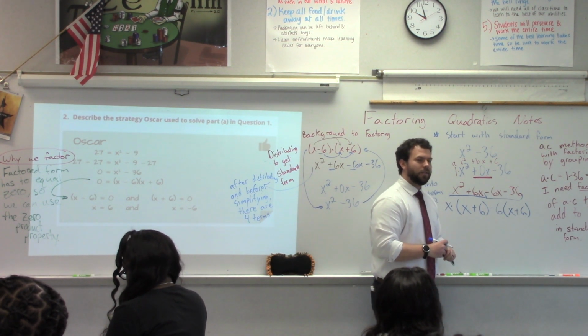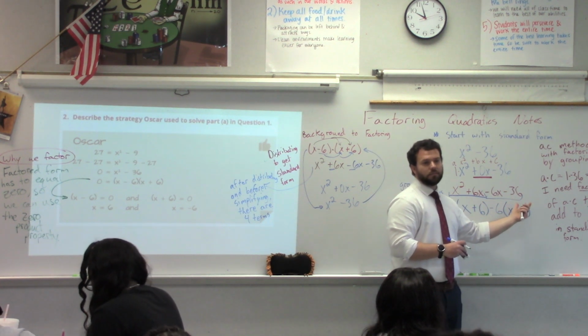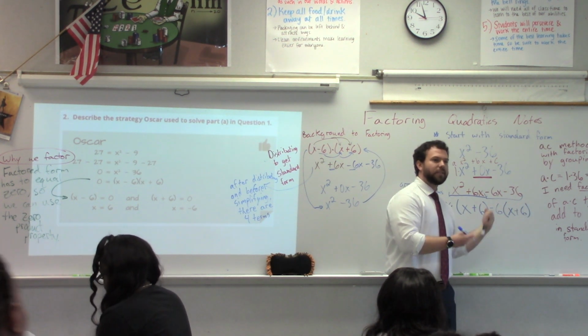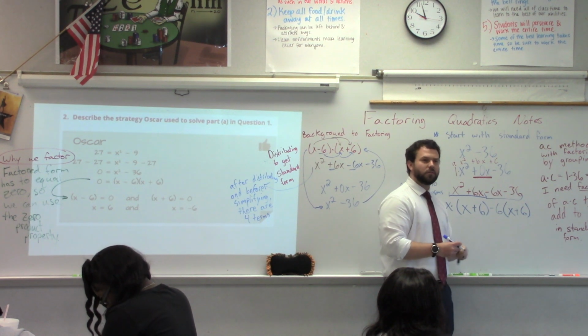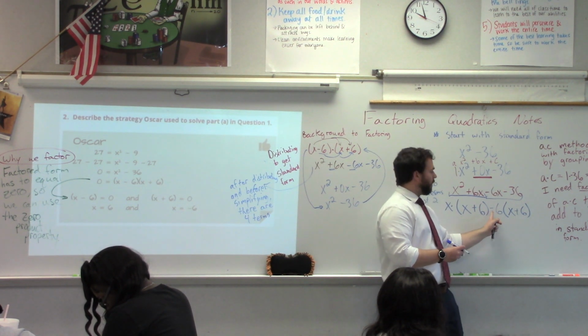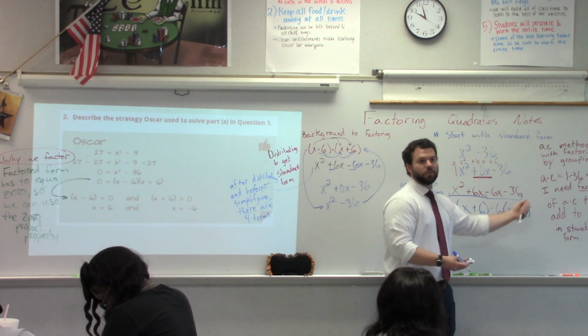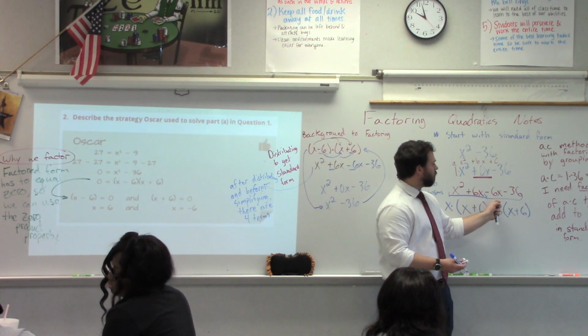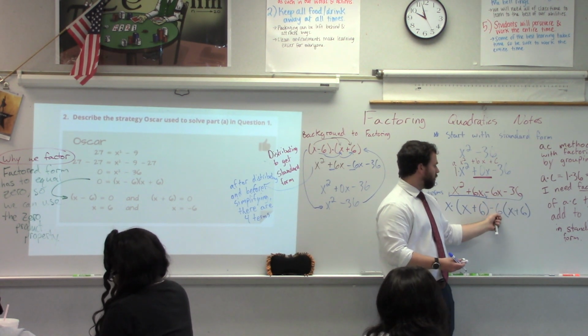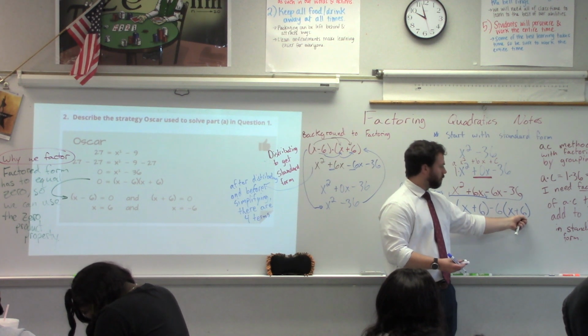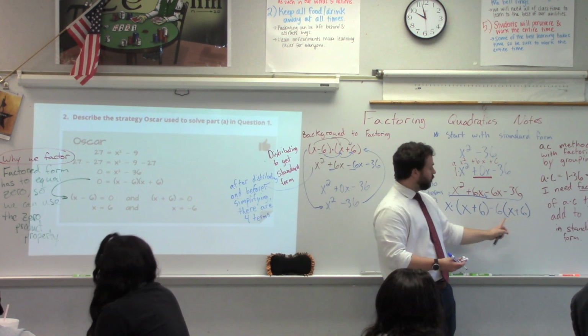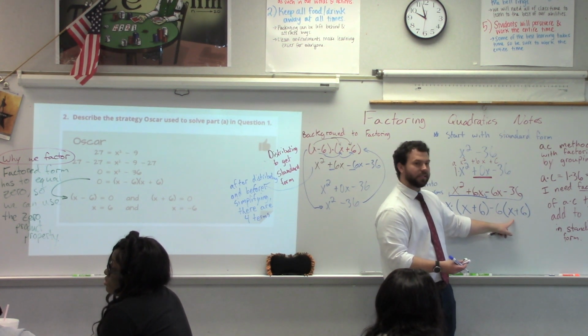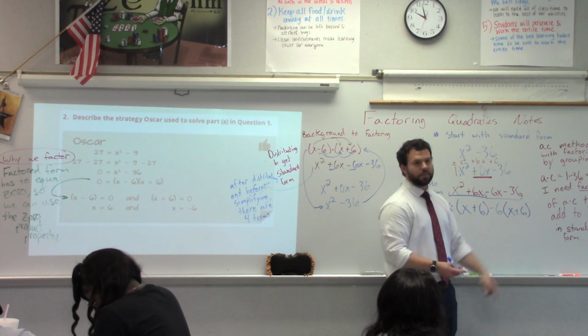So remember the idea of factoring is to factor it out. You can almost think of it as division as you're doing the actual factoring, because if I were to distribute it back in, it's multiplying. So we're undoing that. So if I take negative 36 divided by negative 6, what am I left with? A positive 6. And you can check it by distributing it back out. Negative 6 times x, negative 6 times 6.